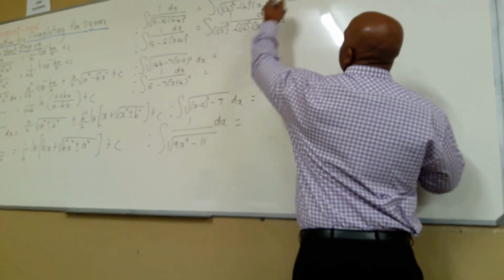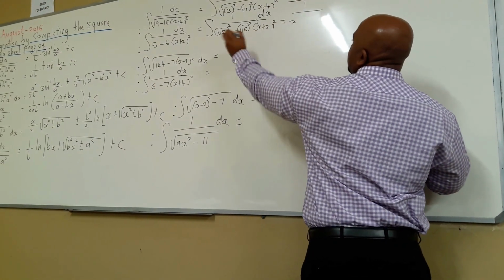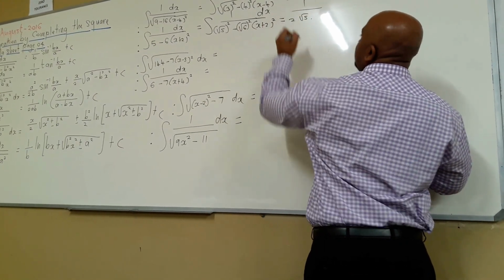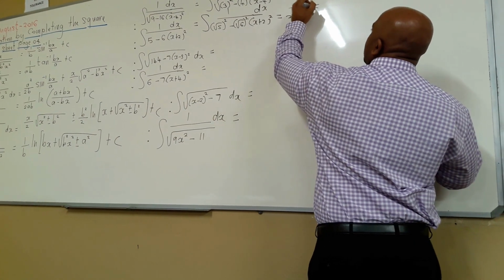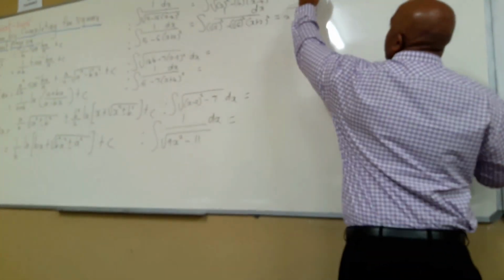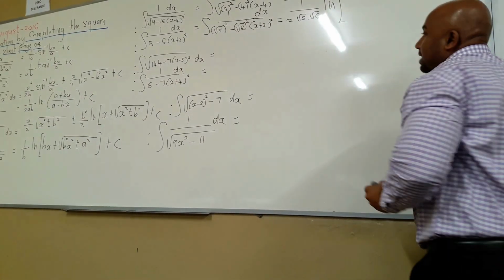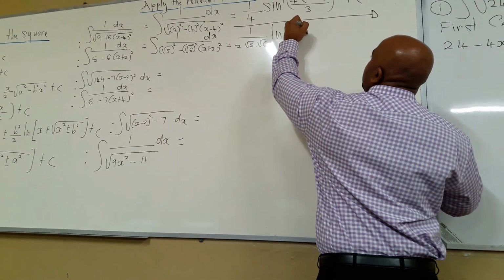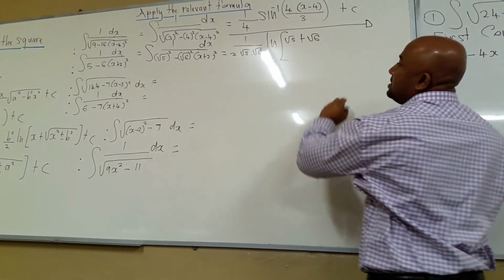So it's going to be 1 over 2ab. A is square root 5 and b is square root 6. So that's 1 over 2ab, ln of a plus bx, so that will be the square root of 5 plus the square root of 6 times x.